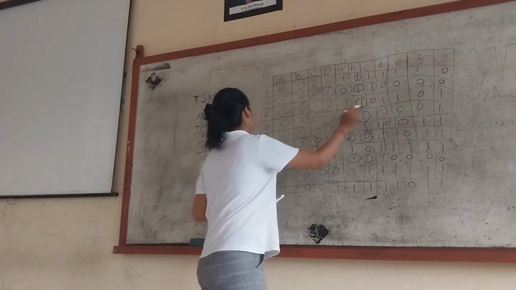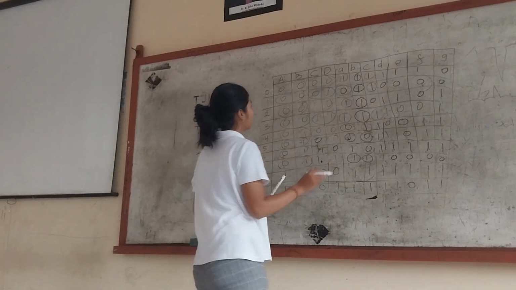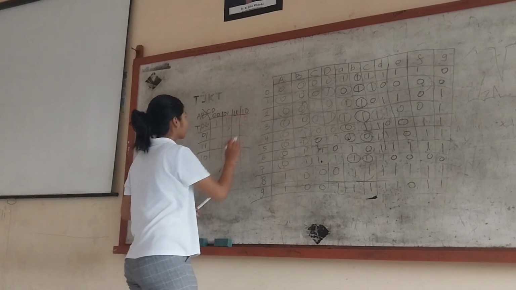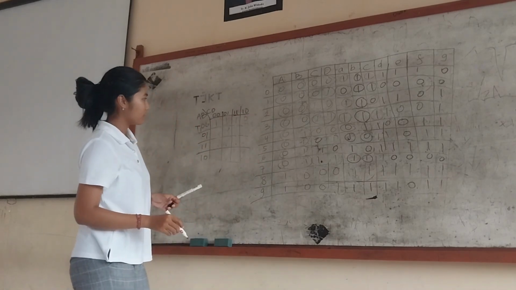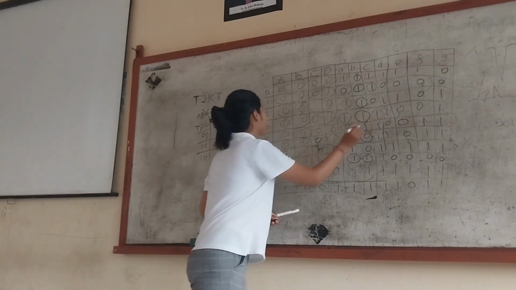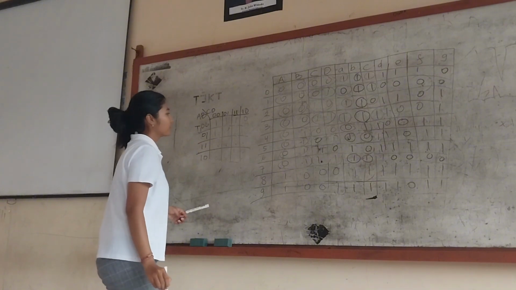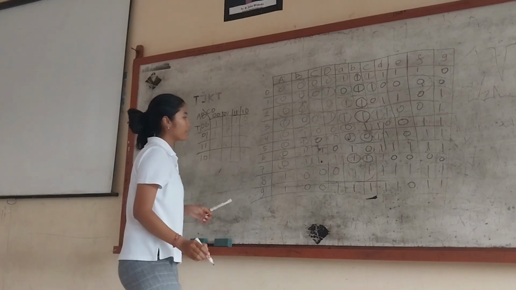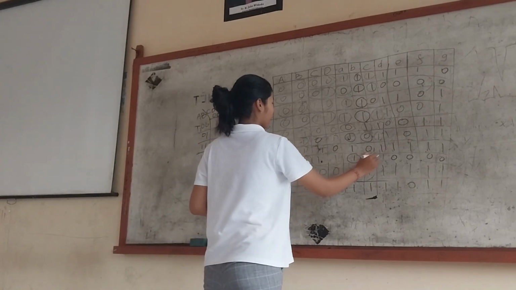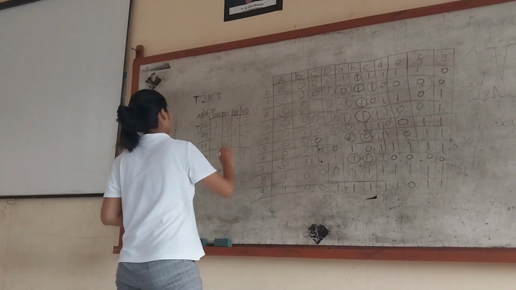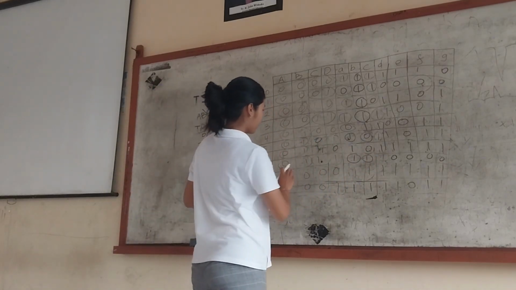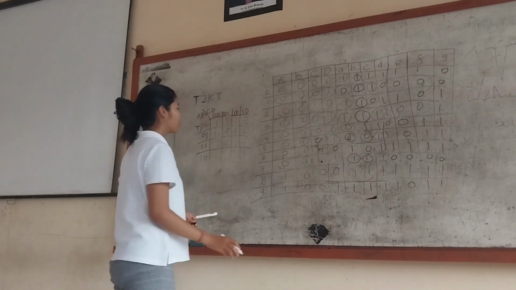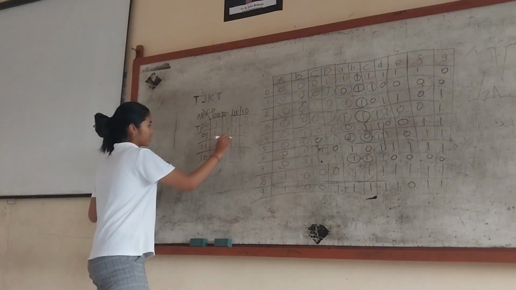This 1, 0, 0, 1, 0. 0, 1, 0, 0, this 1. 0, 1, 0, 1. 1, 0, 1, 1, 1. 0, 1, 1, 0 has 1. So like before, we can write this.